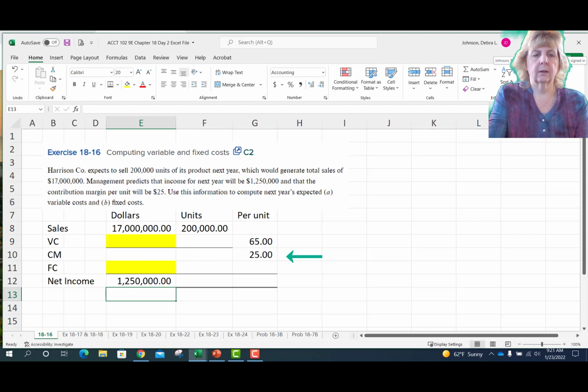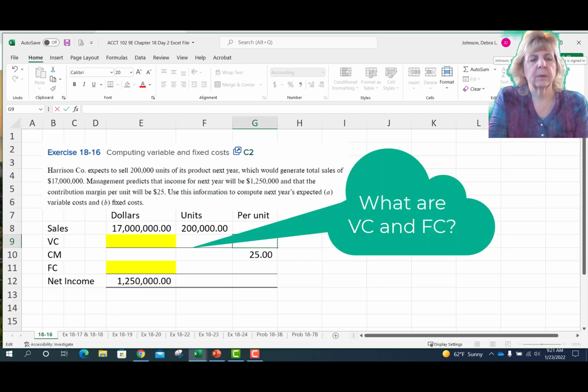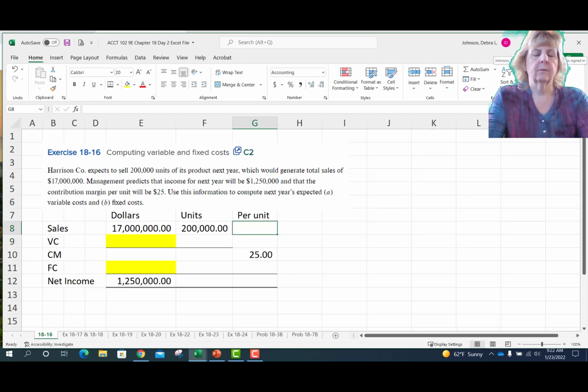I don't think that was given to us. So use the information to compute next year's expected variable costs and fixed costs. They gave us some information, but not all of it. So the first thing I'll get is the per unit selling price.